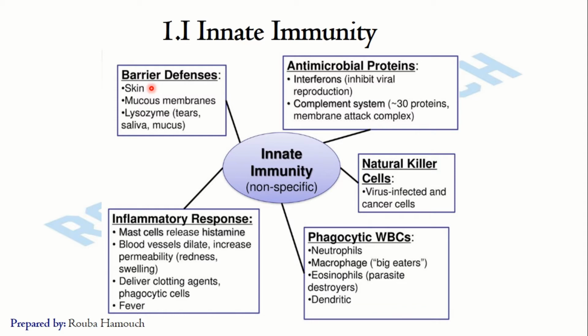These bacteria will compete with the harmful ones and will prevent the entry of the harmful bacteria inside the skin. We have also the mucosal membrane. We have lysosomes, enzymes found in tears, in the saliva, and the mucus that destroy several types of bacteria. We can also list the gastric juice, since it is acidic, so the acidic pH will destroy most bacteria.